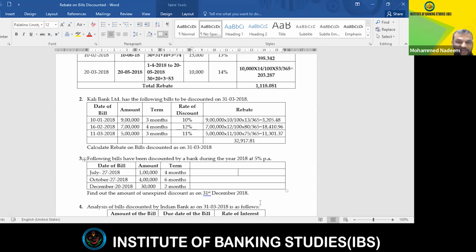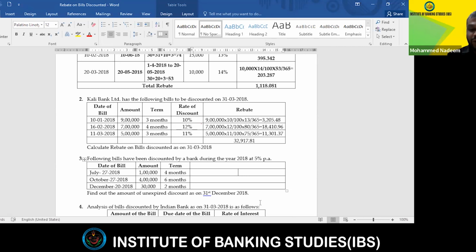And next we have to calculate the rebate, sir. For the first one, check first whether it is coming after the days or before the day. Then you decide. First bill is coming after or before? Sir, before December, so we need not calculate for the first one. Okay, fine then.